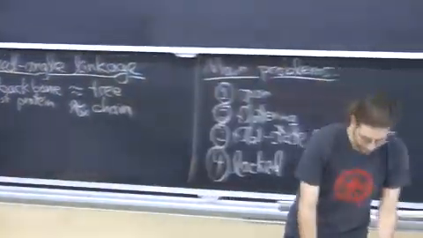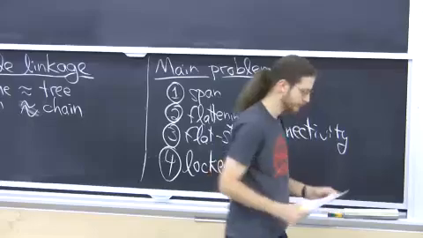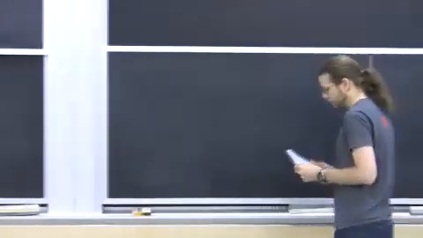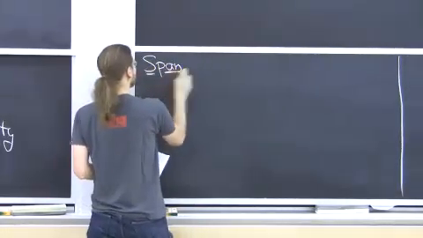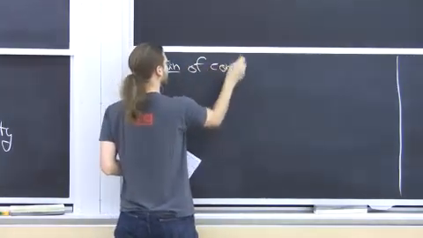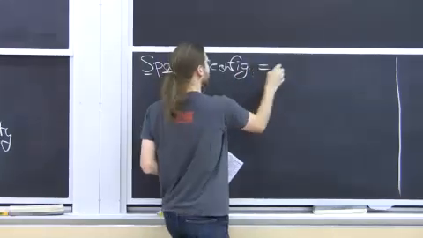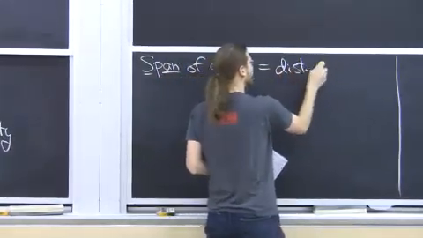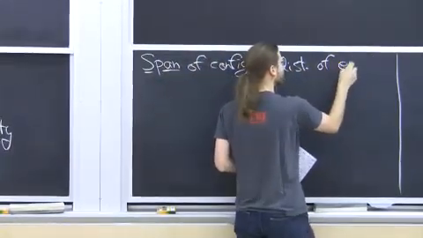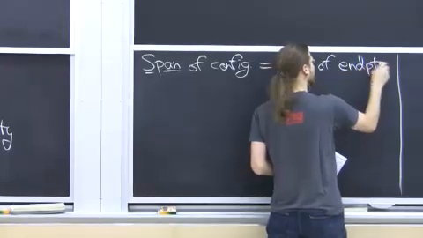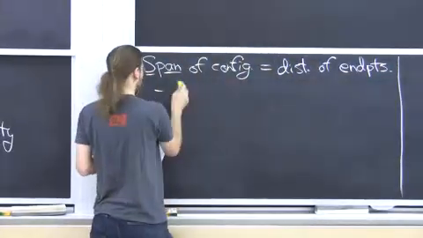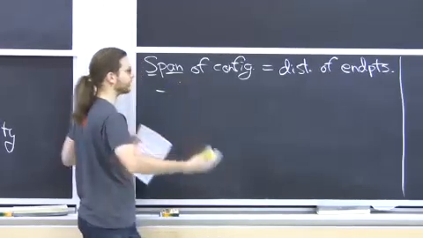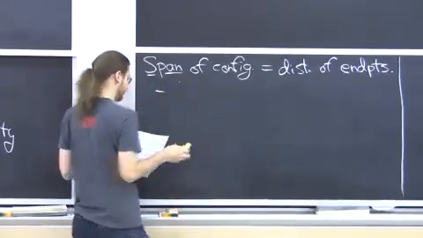So let's start with span. The span of a configuration is the distance between the endpoints. And in general, we will find the max span and the min span.